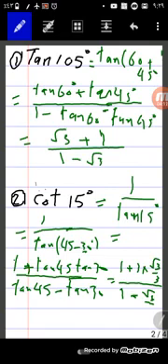Now we can simplify. The result equals 3 plus root 3 over 3 minus root 3.